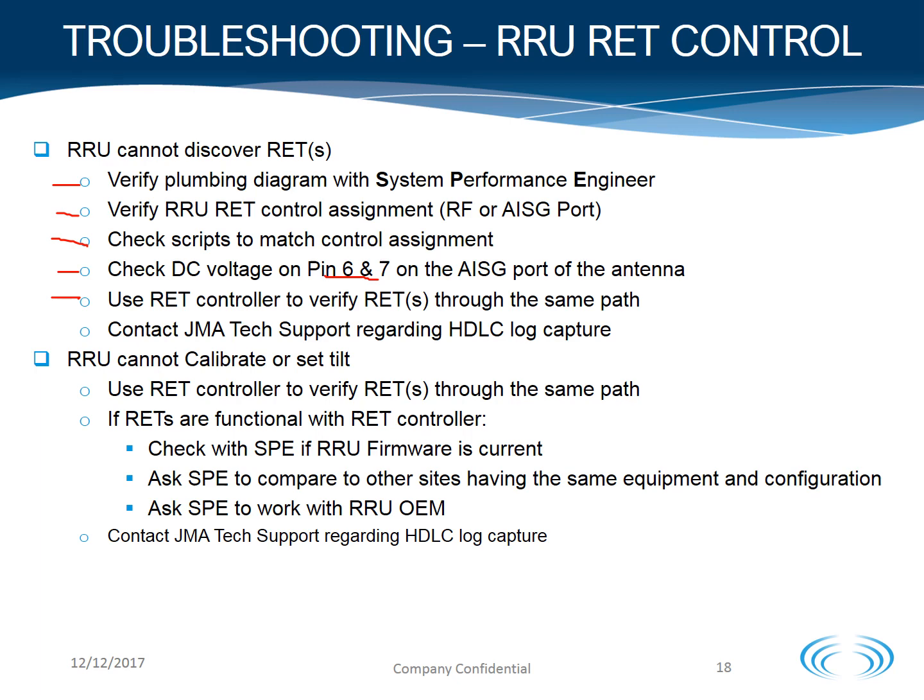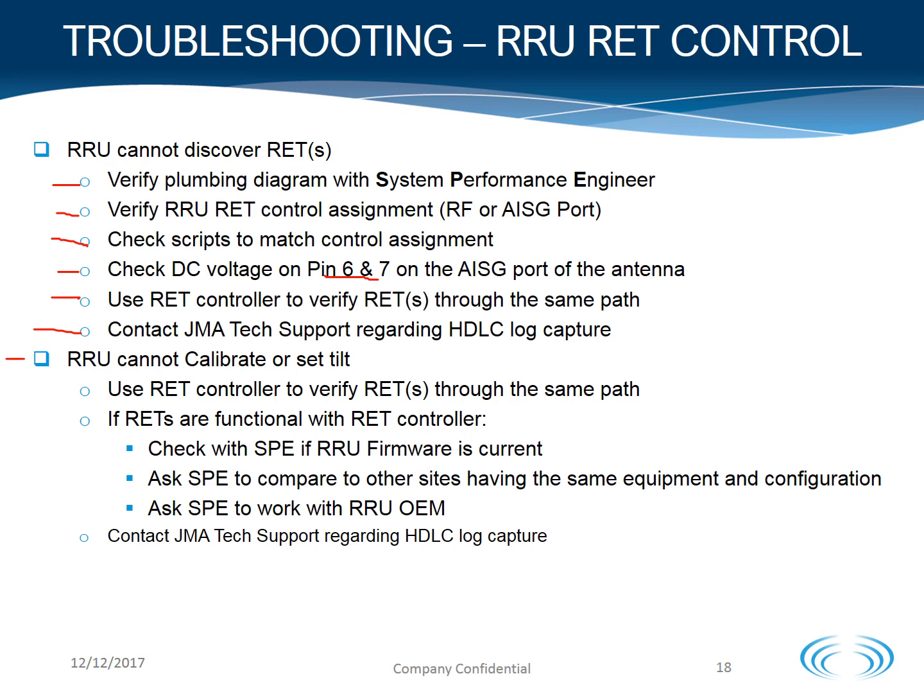If the RET controller verifies the RETs to be performing good and there are still issues, contact JMA Tech Support regarding HDLC log capture. You could renormalize the site according to how the RRU is connected, and we can try to capture the HDLC log to see the traffic between the radio, if there's any, to the RETs.